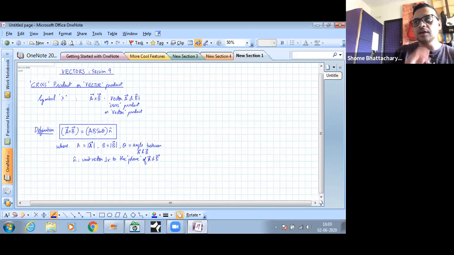Now we'll see how we define n cap exactly. But one of the ways to understand n cap is that it is a unit vector. That means it's a vector of magnitude 1, which is perpendicular to the plane of A and B. That means that if the vectors A and B are defining a plane, that is the same plane in which, for example, the parallelogram or the triangle formed by A and B lies. So n cap is a unit vector which is perpendicular to that plane.